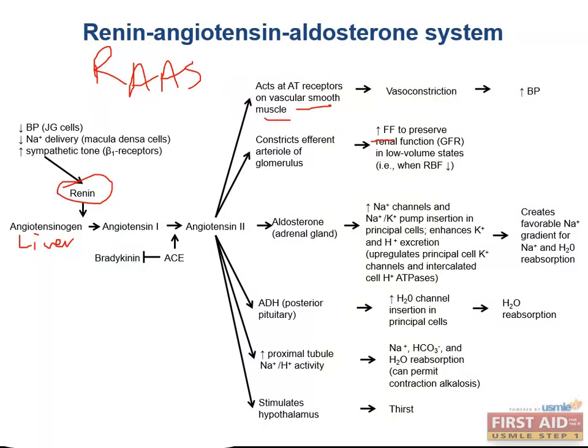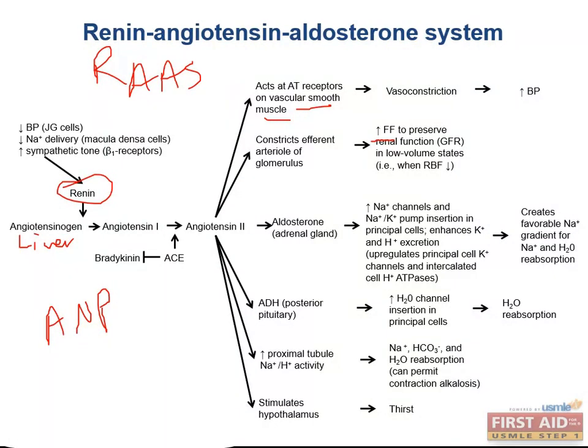Now, one more important hormone to know is atrial natriuretic peptide, ANP. Now, this hormone is actually working against RAAS. Stretching of the cardiac atria due to increased blood volume is going to cause the release of ANP, which then relaxes vascular smooth muscle cells.